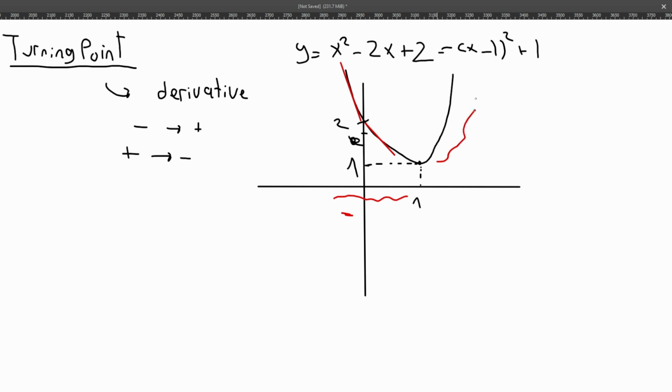And for a similar reason, after 1, the function is increasing, so the derivative is positive. At the point 1, 1, the derivative is 0. So we could say the point 1, 1 here is a stationary point of the function. But we could also say that it is a turning point of this function, simply because the derivative goes from negative to positive at this point.